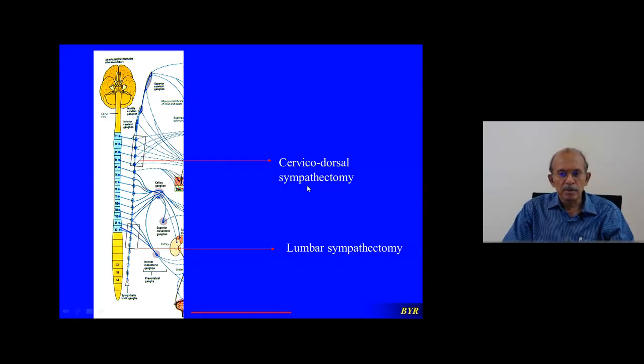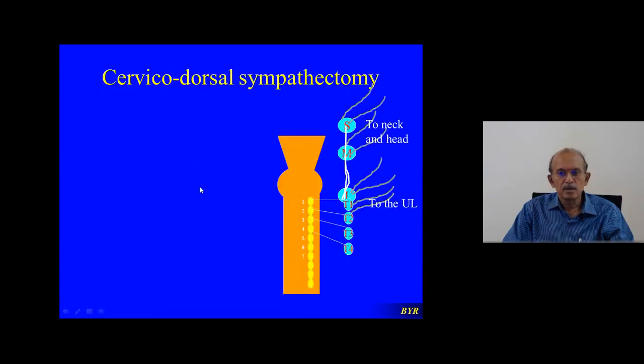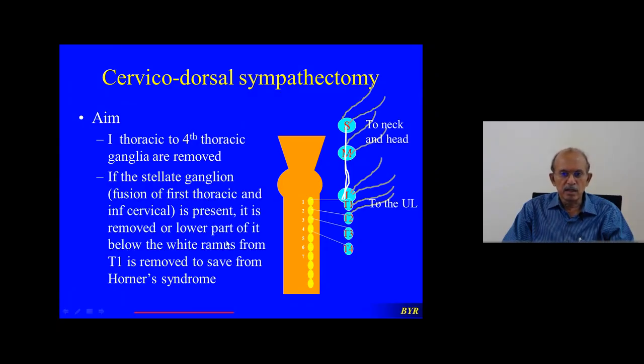The cervicodorsal sympathectomy means you have to remove the upper four thoracic and the inferior cervical ganglia. First thoracic to fourth thoracic ganglia are removed. If the stellate ganglion, the fusion of first thoracic and inferior cervical, is present, it is removed, or the lower part of it below the white ramus from T1 is removed to save the patient from Horner syndrome.